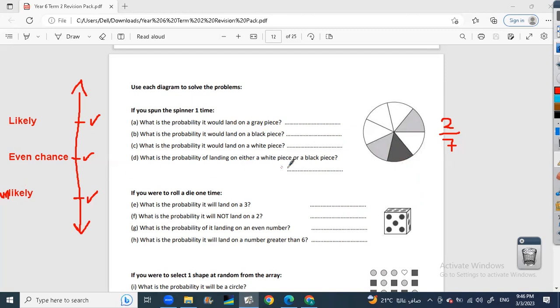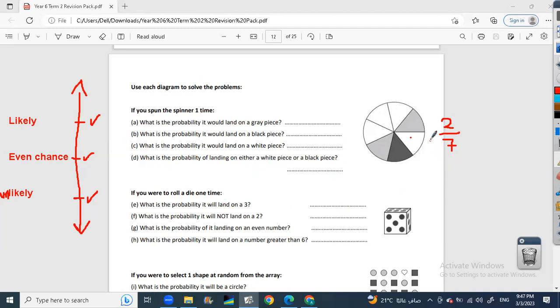The last question over here, which is the probability of landing on either white or black. Oh, 1 second. White or black, that is 5. We got 4 white, 1 black. So 5 out of 7, more than half, likely. Okay, the last question, which is not written over here.